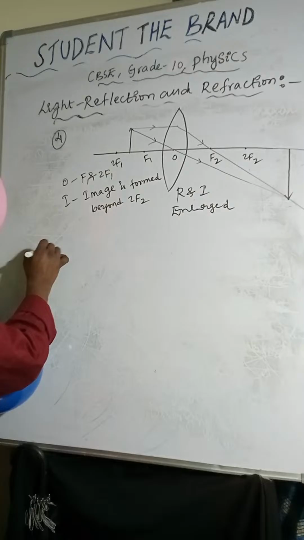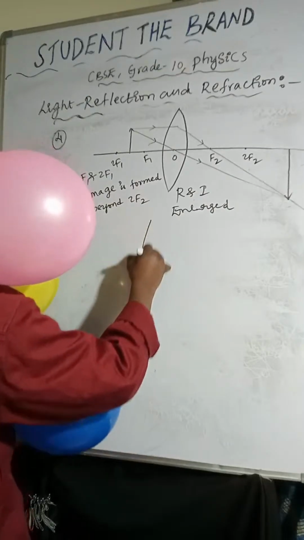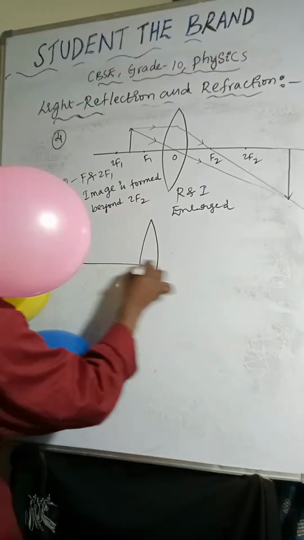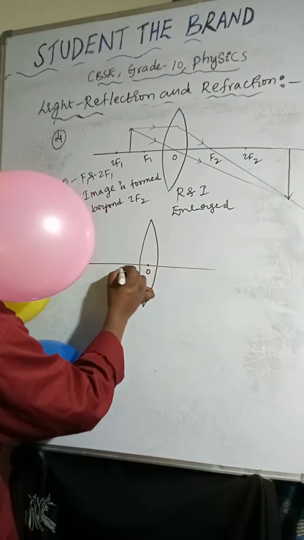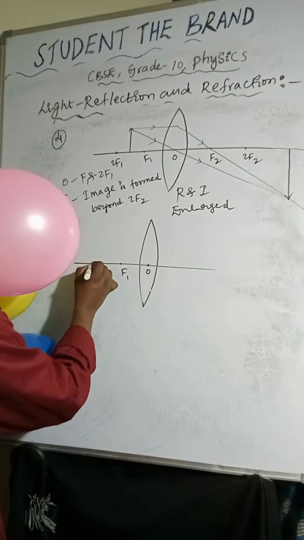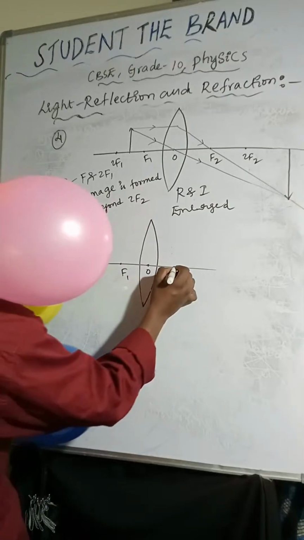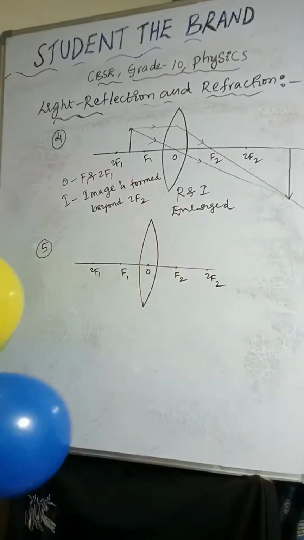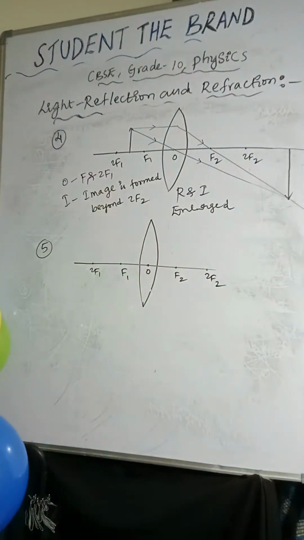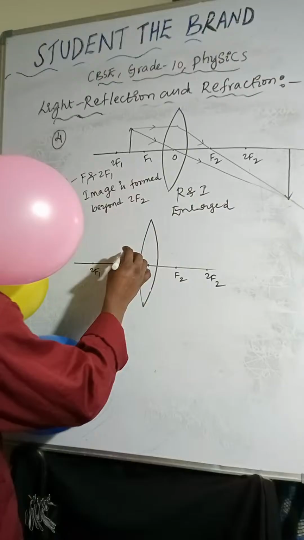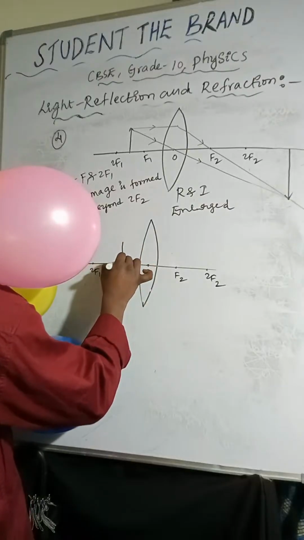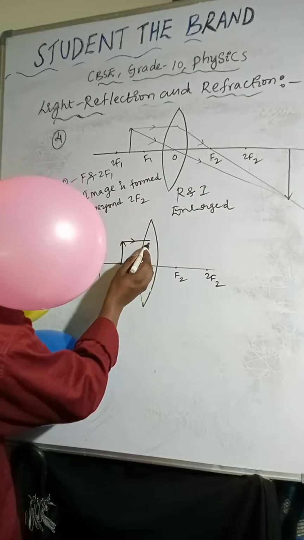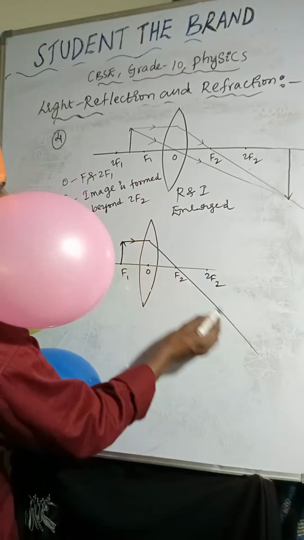Coming to the fifth one. Optic center, F1, 2F1, F2, 2F2. Object is placed at F1. One light ray I am taking like this; after that it passes through focus.